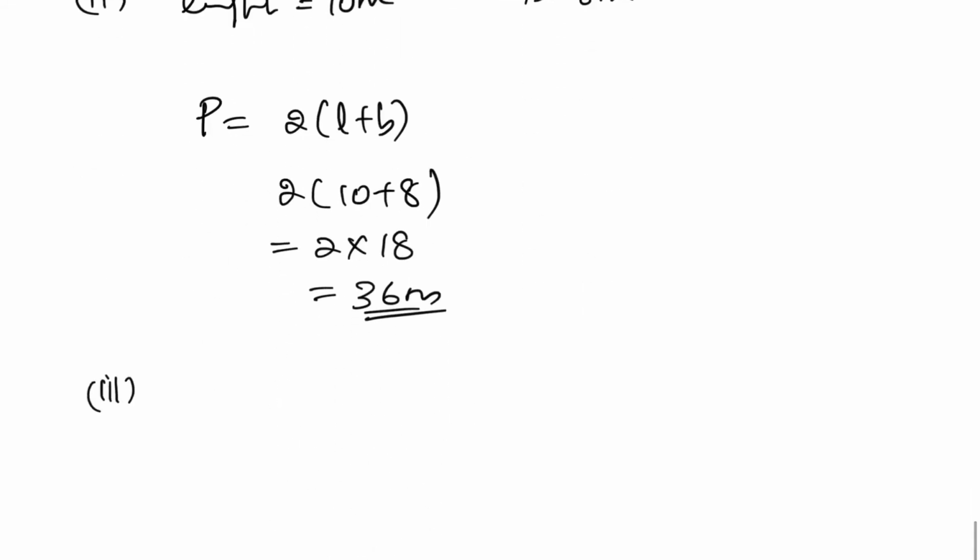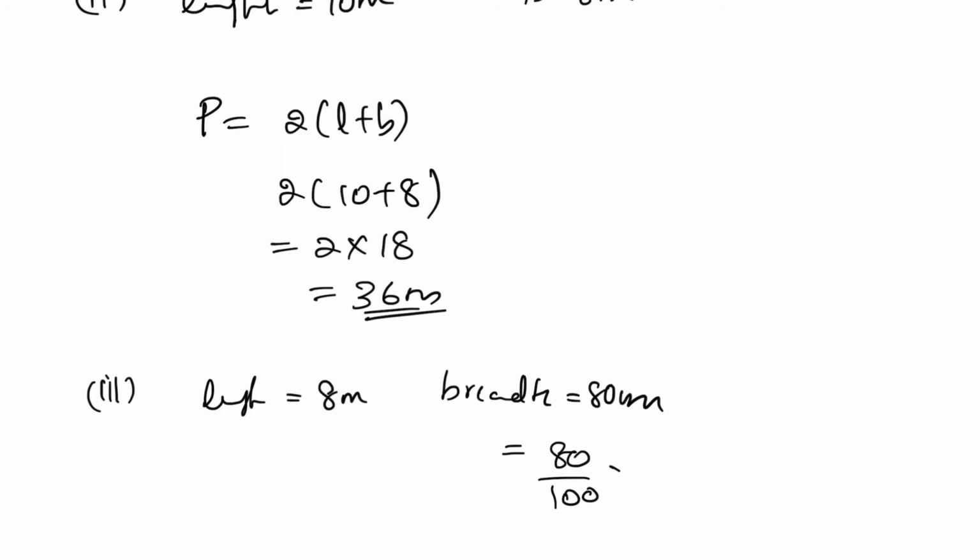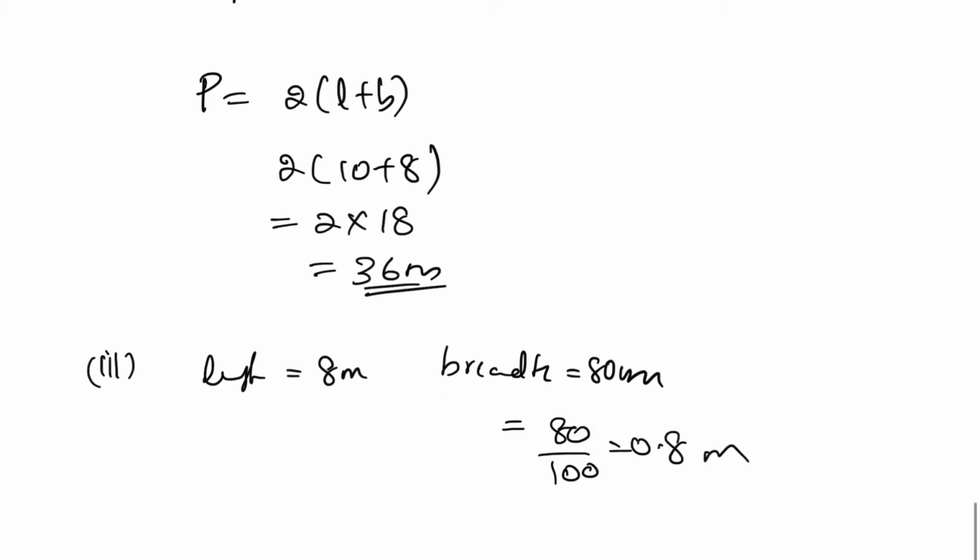Third one we have length is 8 meter, breadth is 80 centimeter. 80 centimeter I can convert as 80 by 100, which is equal to 0.8 meter.